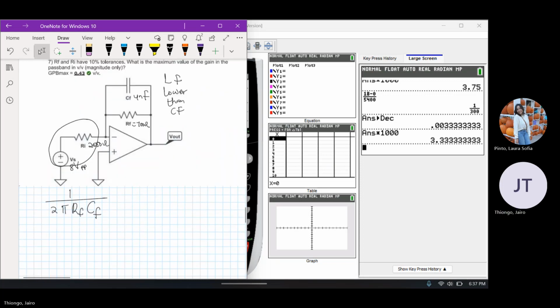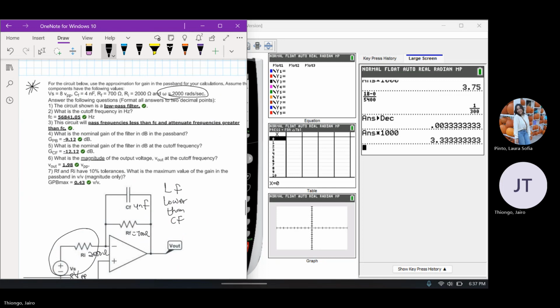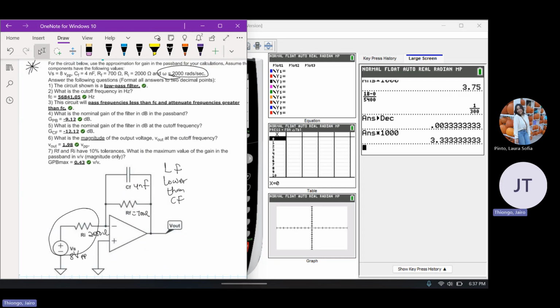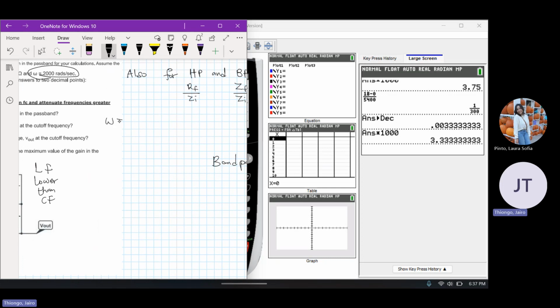You're given W, and W is usually equal to 2 pi F. To find the frequency, you have to divide this by 2 pi.